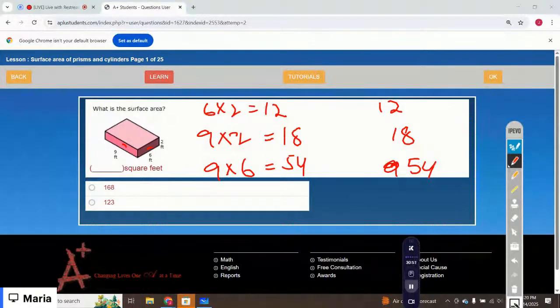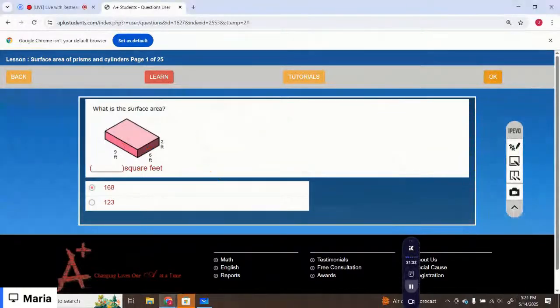Option number one is the correct option, that is 168.